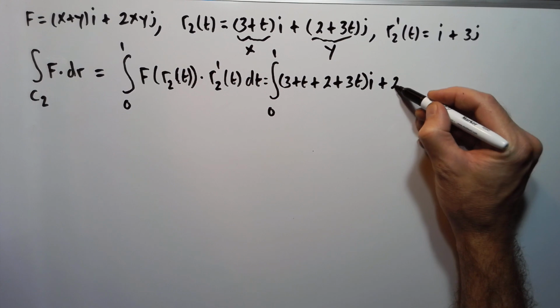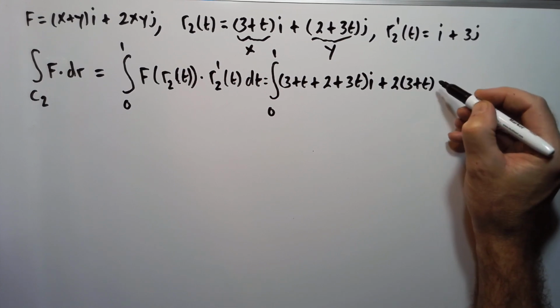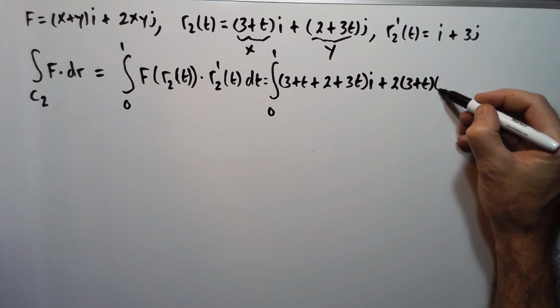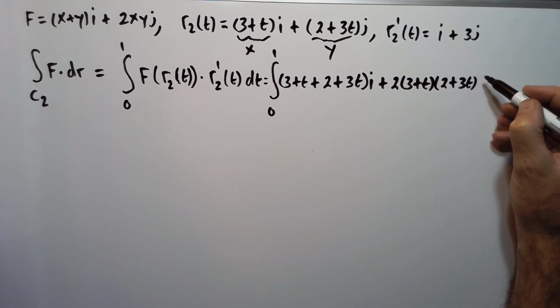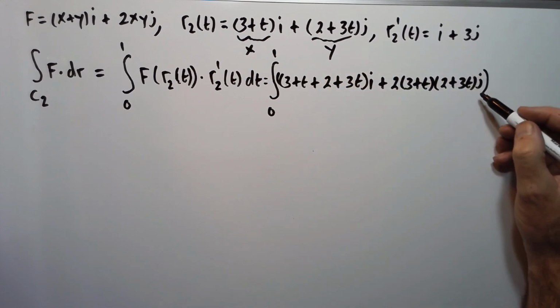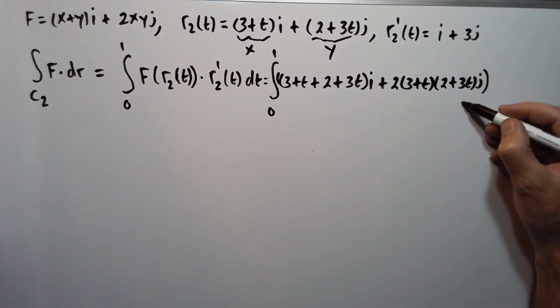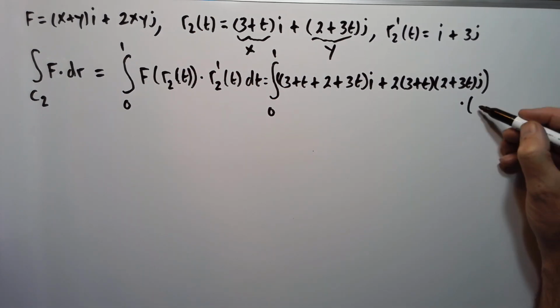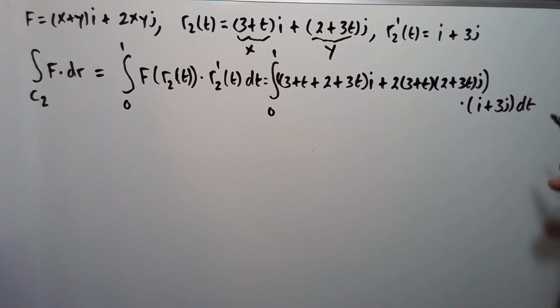Plus 2 times x, 3 plus t, times y, 2 plus 3t, j direction. This is dotted with i plus 3j, dt.